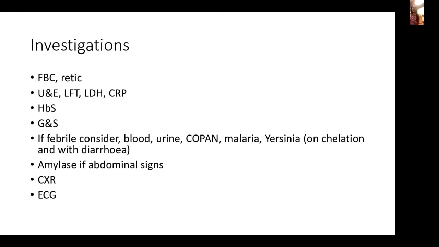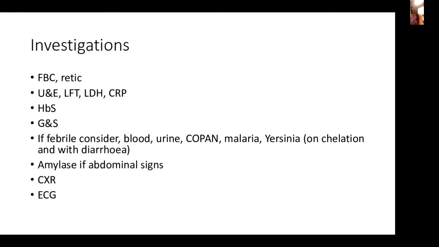It's good to send a hemoglobin S level, a group and screen, and liaise with your blood bank early, because if a patient has any antibodies on previous screening, they need as much notice as possible to get appropriate blood in if necessary. If patients are febrile, just do routine cultures: blood, urine, copan, COVID.